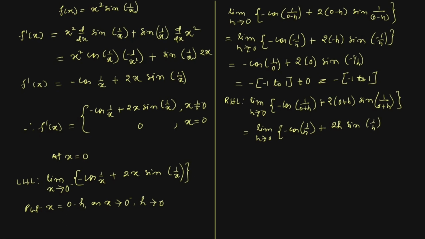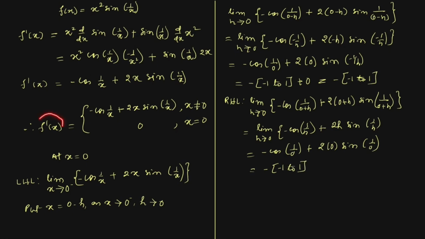After that we put the limit, then we will get minus cos 1 by 0 plus 2 into 0 sine 1 by 0. So which is equal to minus 1 to 1.